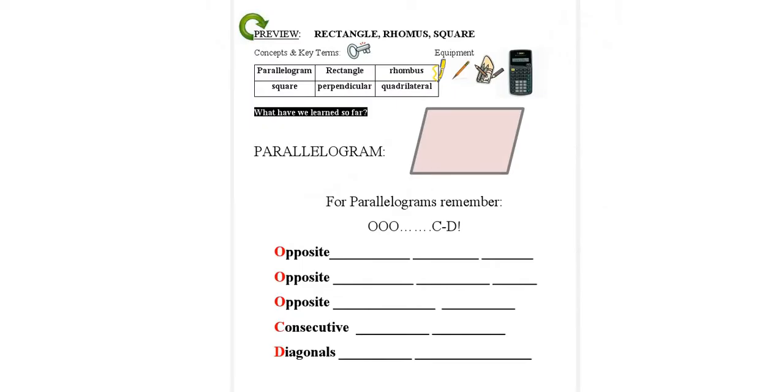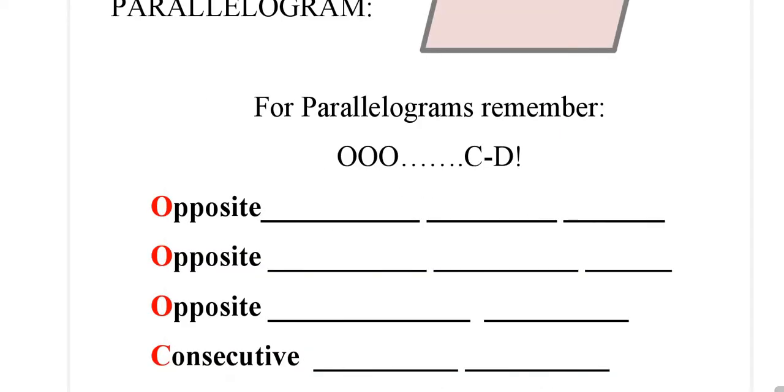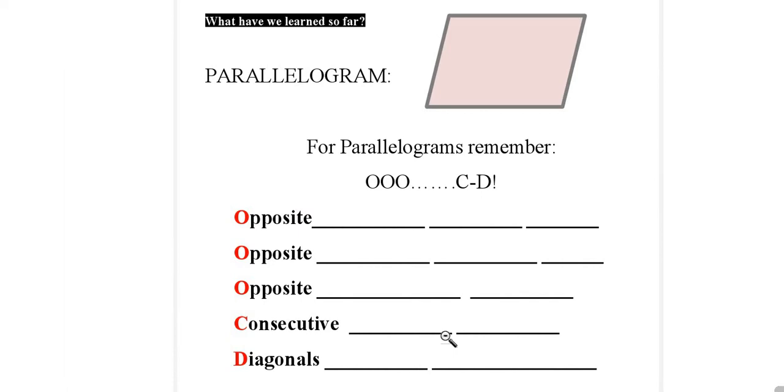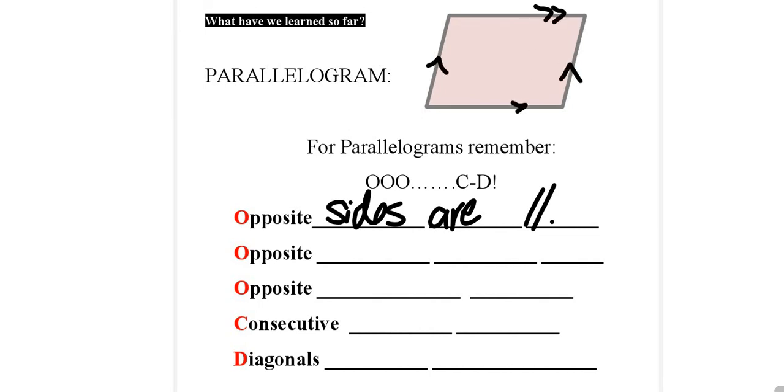So last class we talked about the OCD qualities of a parallelogram. The OCD qualities. And of course the first one is that opposite sides are parallel.